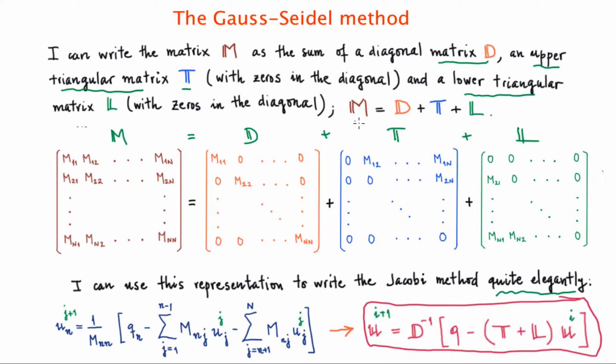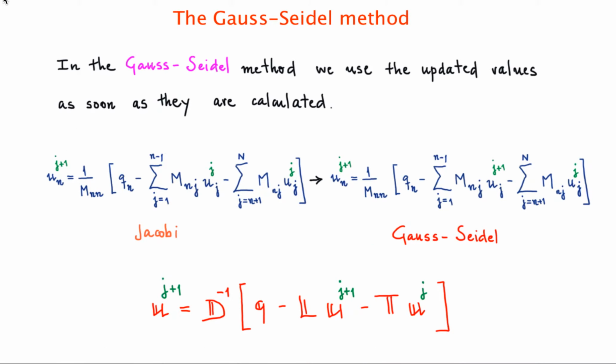We're going to use these matrices that we have defined in order to express the Gauss-Seidel method as well. That's what we are going to do just now. In the Gauss-Seidel method, we use again the updated values as soon as they are calculated. So again, this is the short way of writing the Jacobi method.